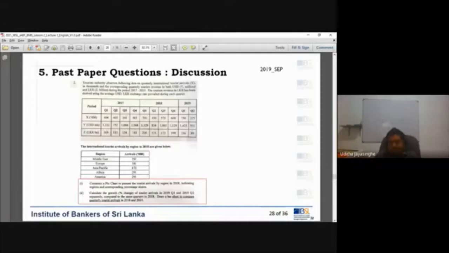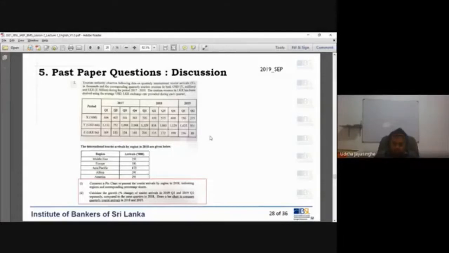Otherwise, there's no point of writing the same thing in USD and LKR. So currency depreciation could be one reason for this. If you just take these ratios, obviously you can identify what the exchange rate is at these different points. The tourism revenue in LKR has been derived using the average USD LKR exchange rate prevailing during each quarter. That's exactly what we discussed. So the average rate has been used to derive the LKR value.